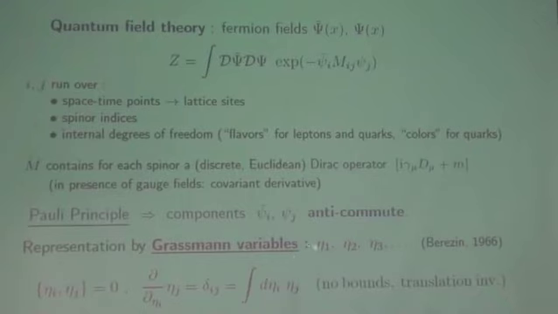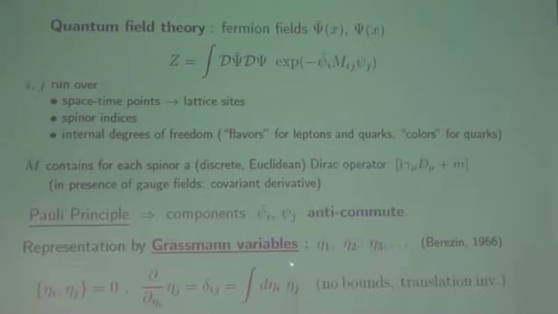These were introduced sometime in the 19th century by a mathematician named Grassmann, but only 100 years later they were discovered as the right quantities to describe fermionic fields in quantum field theory, in the functional integral formulation.